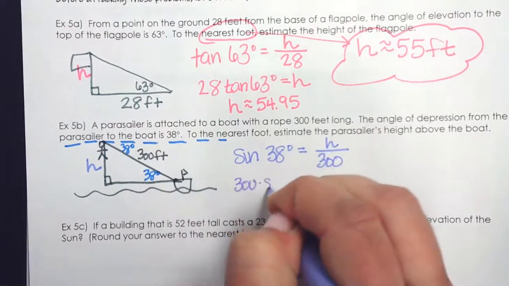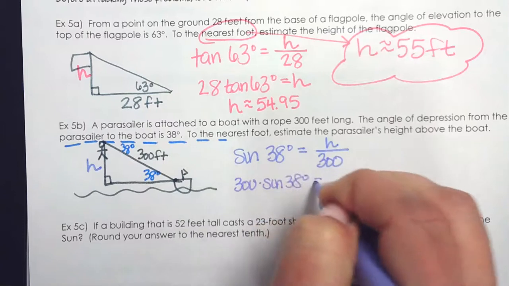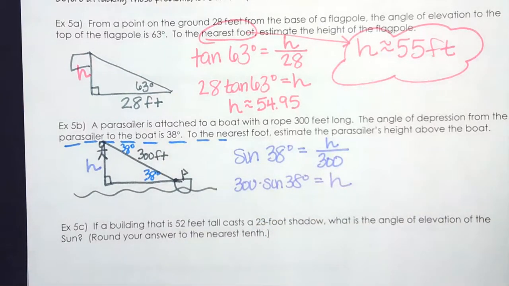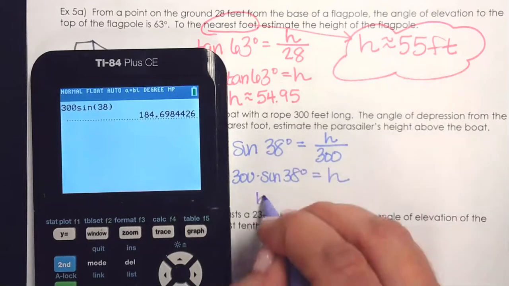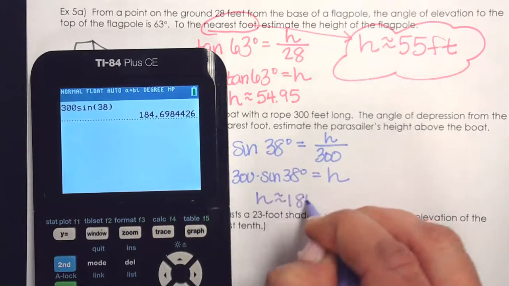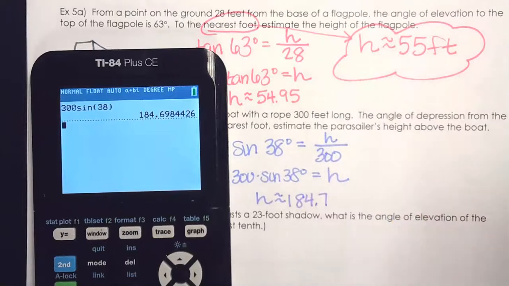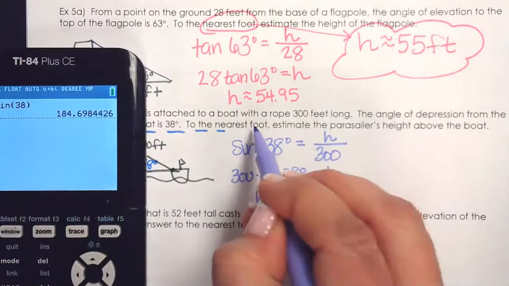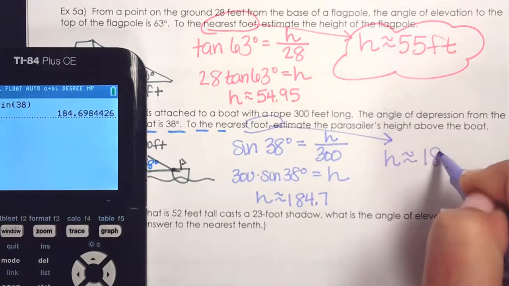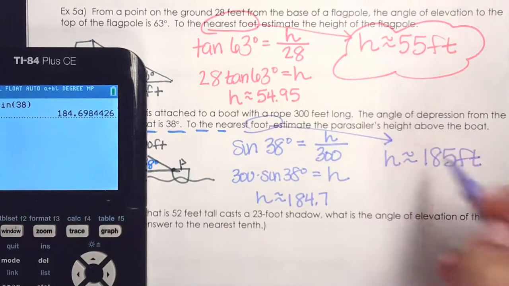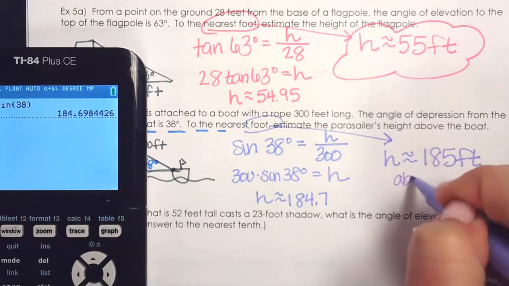Multiply by that 300, do that inverse operation, and we're ready to type that into the calculator. 300 times the sine of 38 means that h is going to be about 184.7, but again it says to the nearest foot, so that would be about 185 feet above the boat.